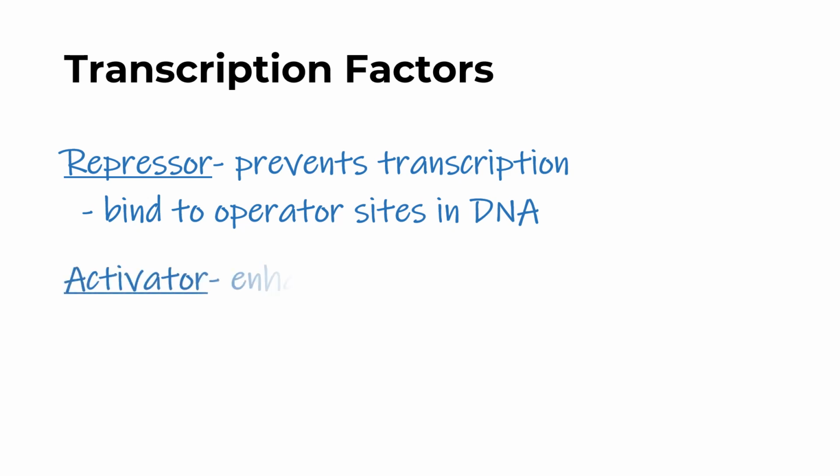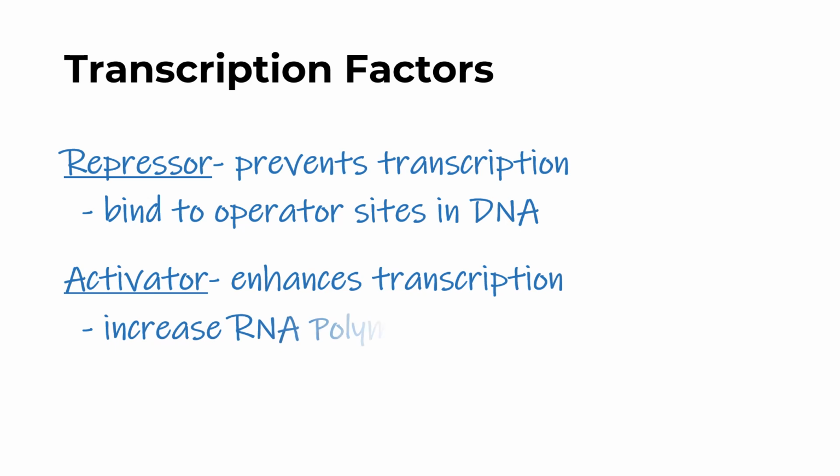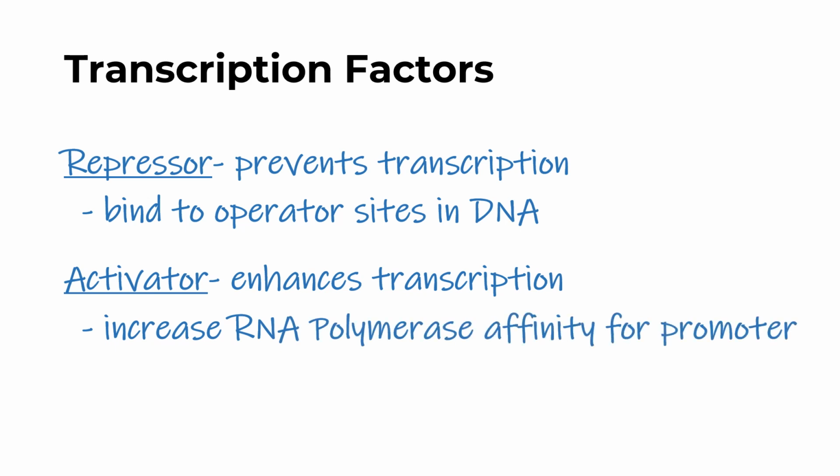Activators, on the other hand, are the opposite. They enhance transcription. They often bind to the DNA at a site near a promoter and increase the affinity of RNA polymerase to bind and start transcription.